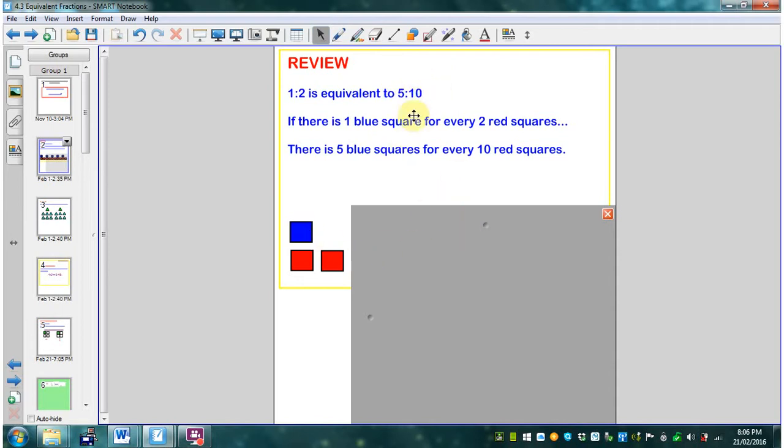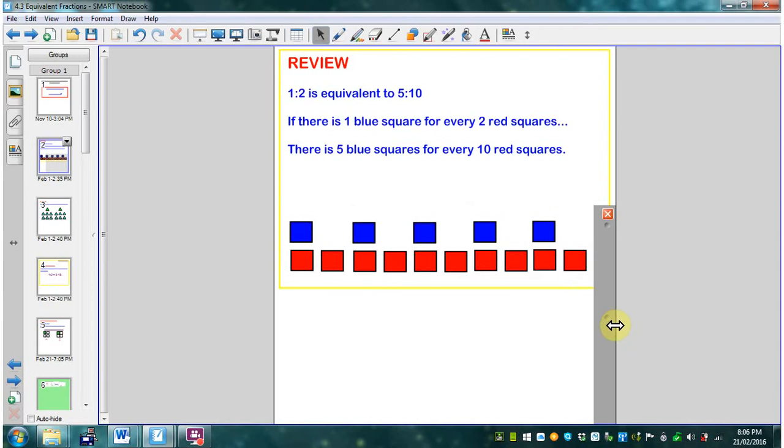So if we have 5 blue blocks, we would have 10 red blocks, which is what we see here. So the comparison of both is still the same. It's still the same ratio. It's just written a little differently. And how do we get this? We times our 1 by 5 and our 2 by 5 to get 10 here.